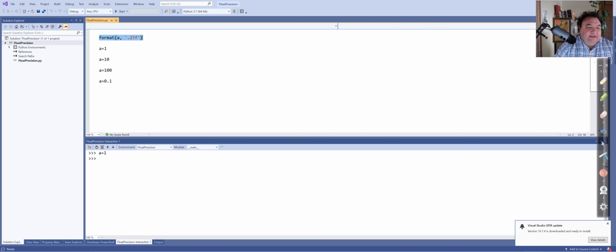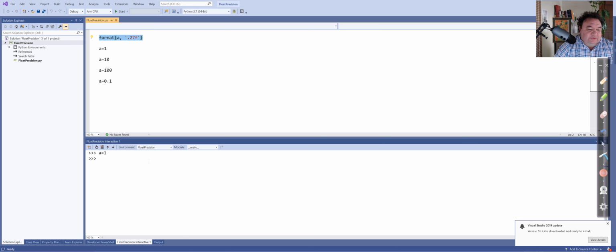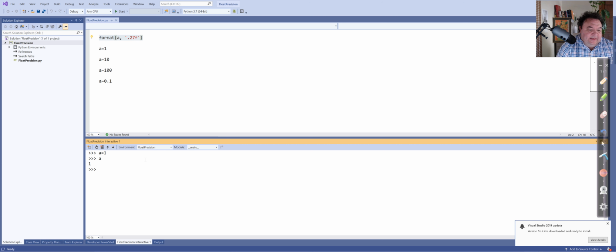Now I print the value with a very detailed precision. Otherwise, if I simply say a, I get a simple 1. Here I want the precise representation with all the digits after that. So for a equal 1, I get 1.000, and 1 is equally represented in decimal and binary.